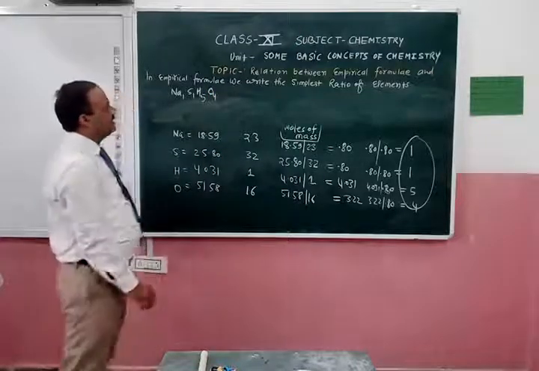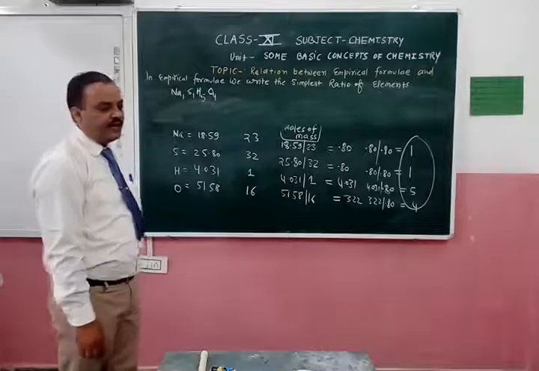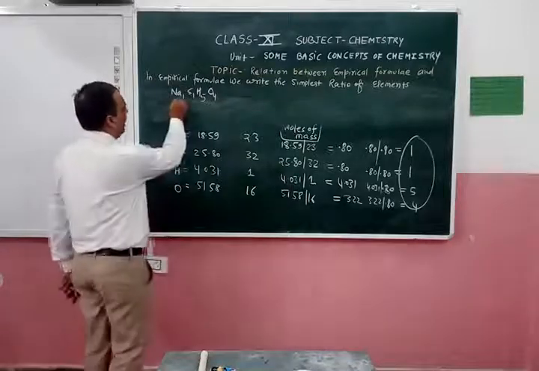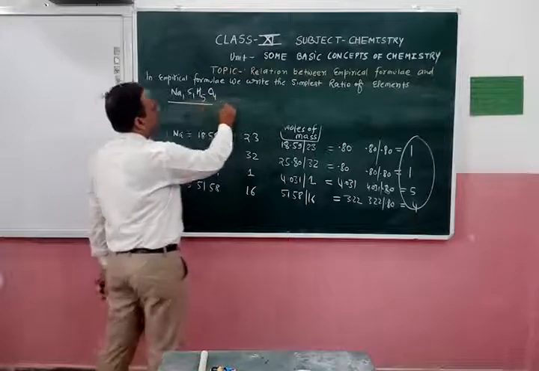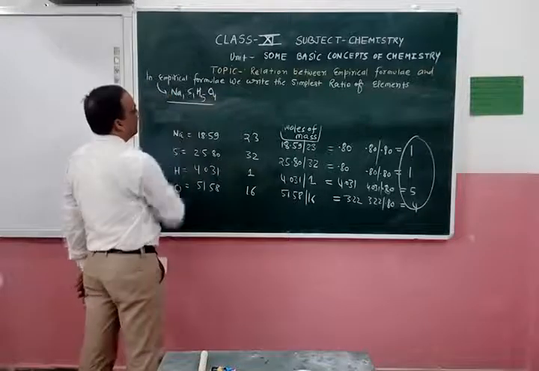So these four elements we have, and we write this formula Na1S1H5O4. This is the empirical formula we get.